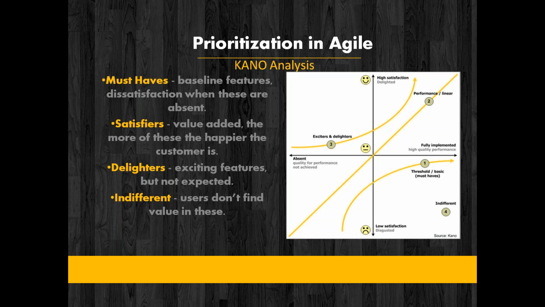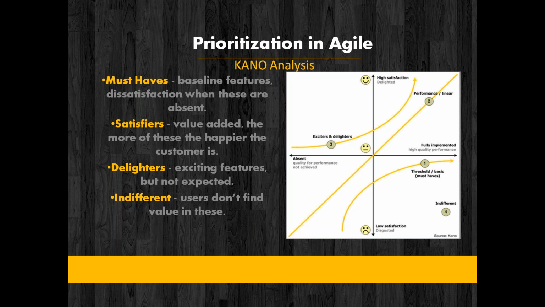And then comes the satisfiers. These requirements are something that, if they are given, then the customer is happy. And delighters are something which the customer was not expecting, some exciting features. So something as a bonus, some additional features which actually delight the customer when they receive it.